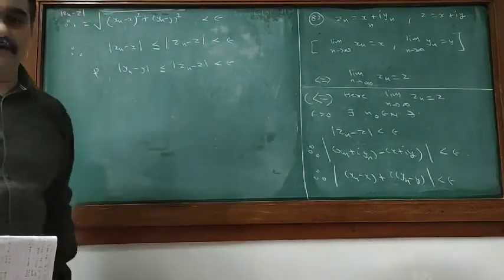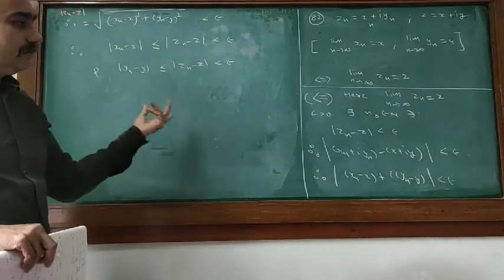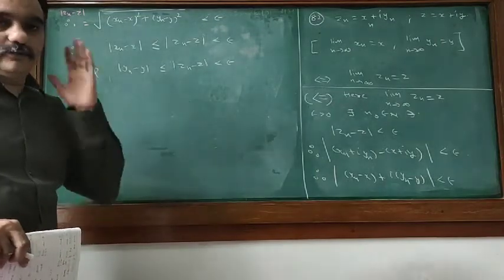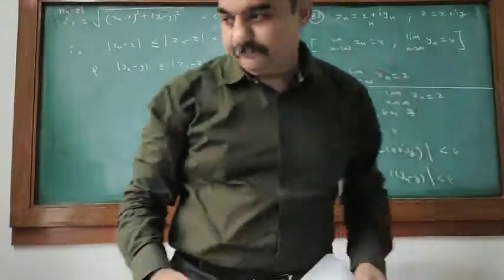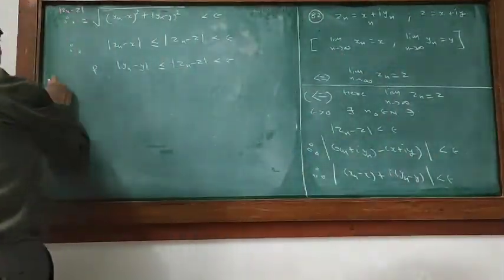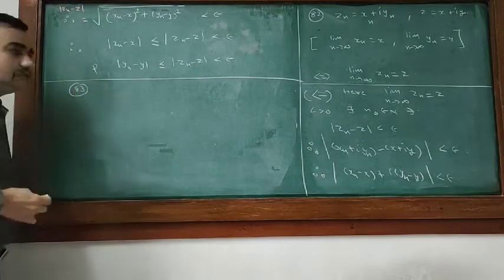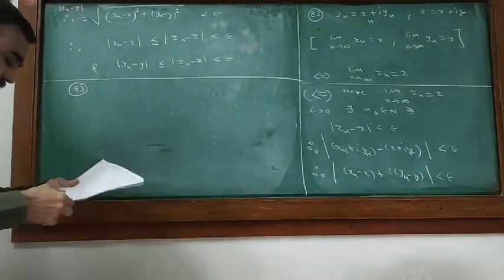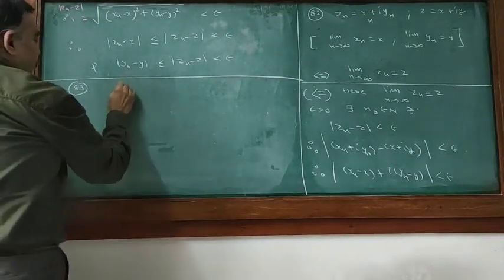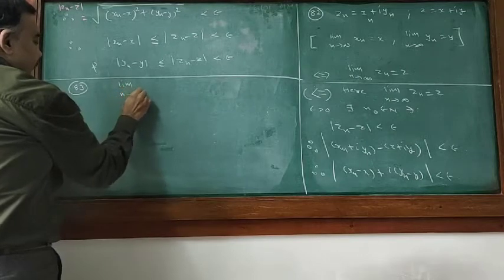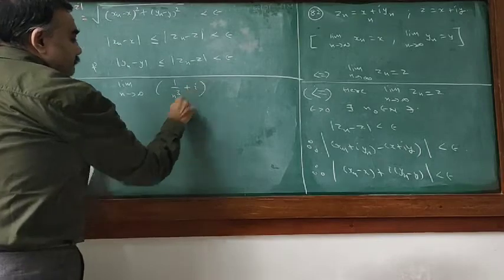So we complete 82, and I will take a few minutes for today's lecture and then conclude it. We are going to 83. Limit as n tends to infinity of 1/n cubed plus i.